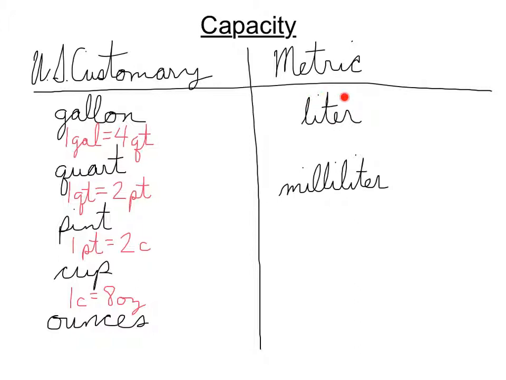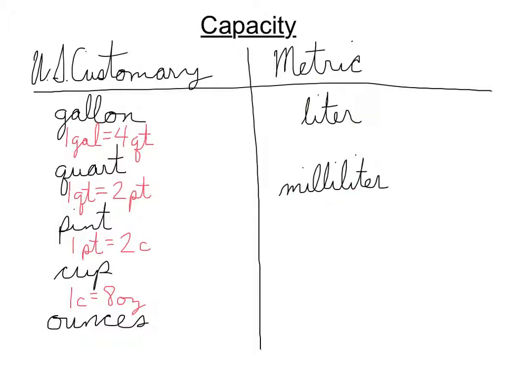So we have a liter, slightly smaller than that, which we haven't listed, is a deciliter, which 10 deciliters make a liter. And then slightly smaller than a deciliter is a centiliter, which it takes 10 centiliters to make a deciliter, and then it makes 100 to make a liter, and then underneath that is the milliliter, which it takes 10 milliliters to make a centiliter, therefore it takes 100 milliliters to make a deciliter, which means it takes 1,000, so milli means 1,000, to make a liter.